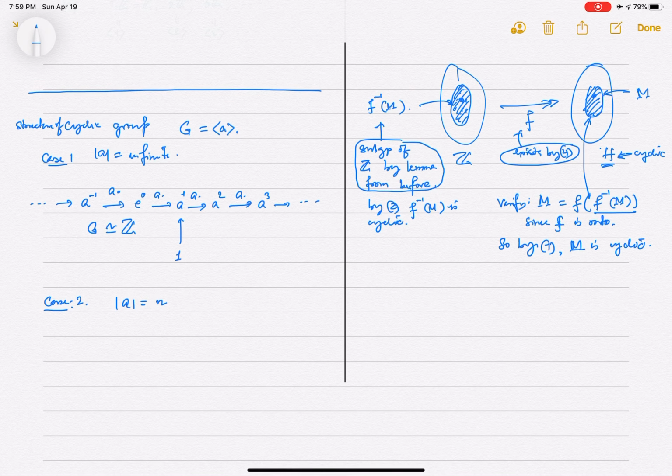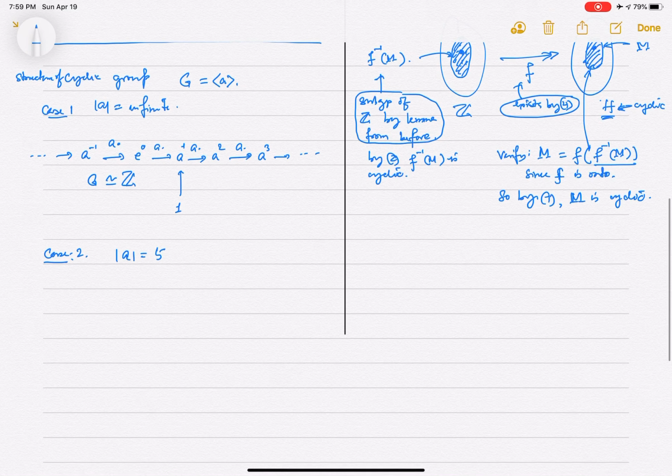So let's say n equals 5. Then how does your group look like? Start with identity, multiply by A, you get to A. Multiply by A again, goes to A square. Multiply by A again, goes to A cube. Multiply by A again, goes to A to the 4. Multiply by A again, goes to A to the 5, which is the identity. Because that's what order 5 means. But not before that. So you get these 5 things.